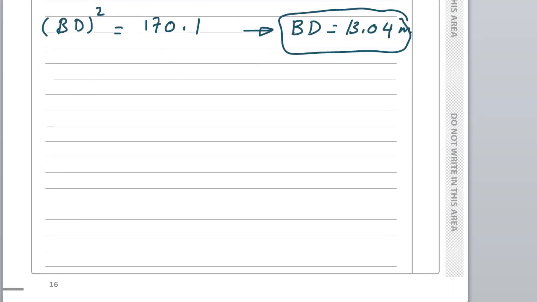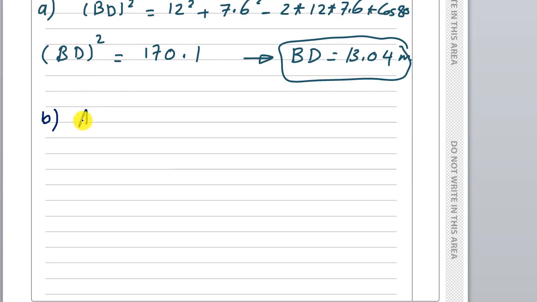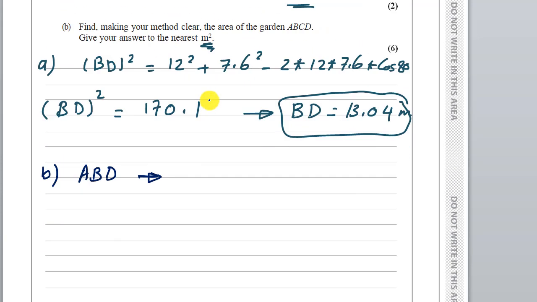So let us start to solve this question. This is part B. Again, from the triangle ABD, we have 7.6 divided by sine theta 1 is equal to 13.04 divided by sine 80.